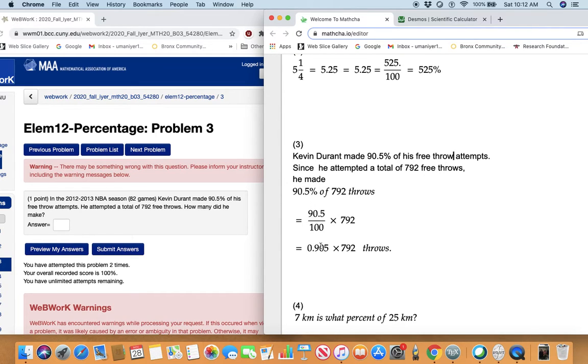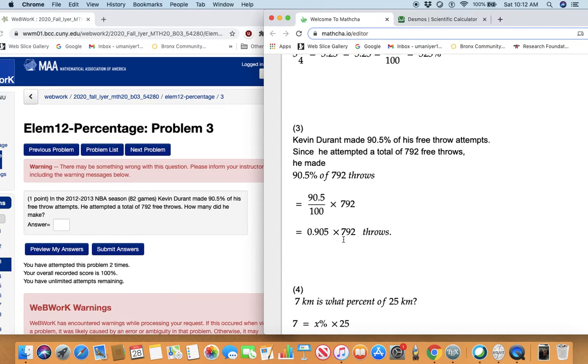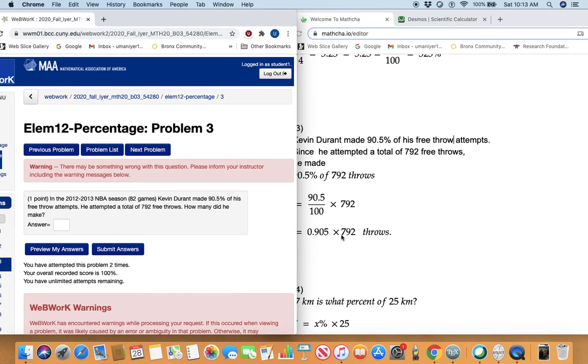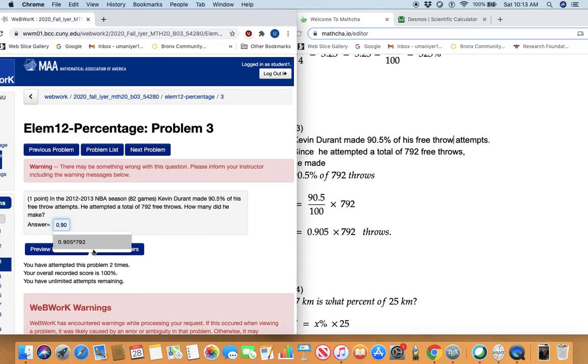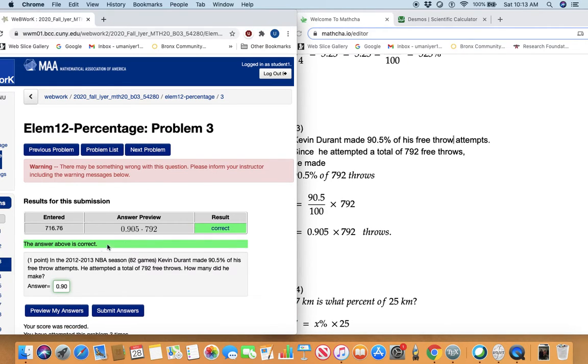So it is 0.905 times 792. Now I could use a calculator, or I could simply write down this multiplication and let WebWork calculate for me. Notice star is multiplication in WebWork. So 0.905 times 792.